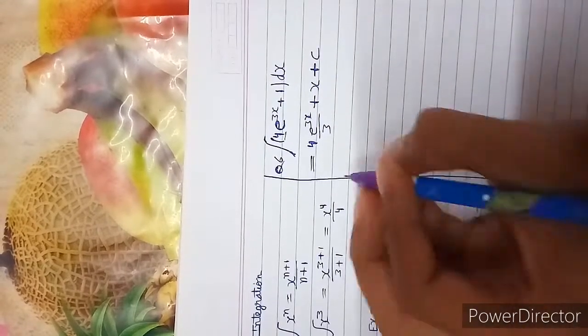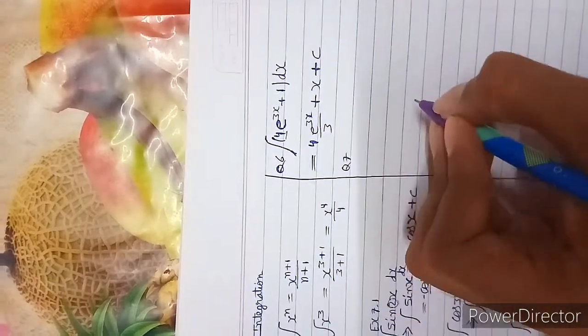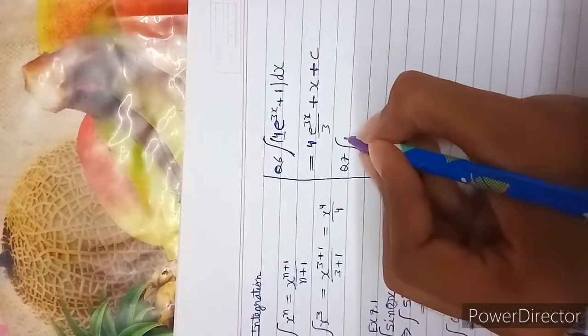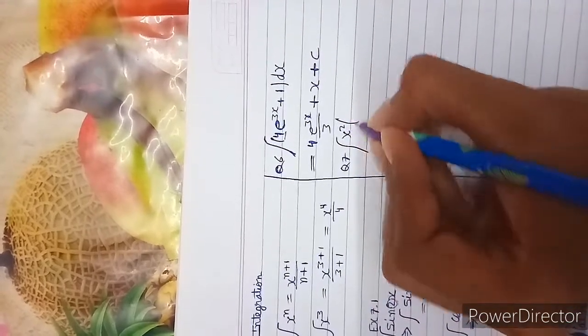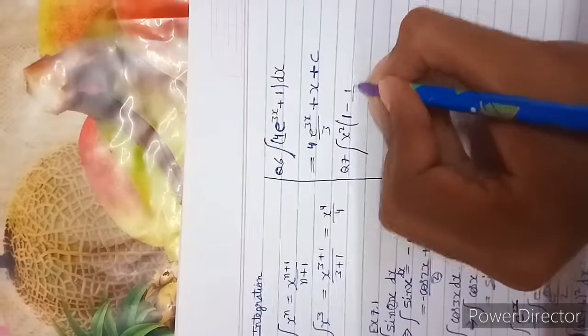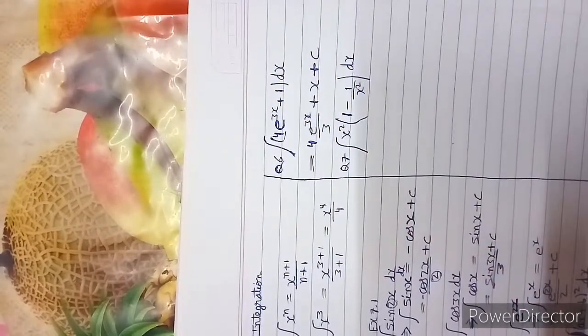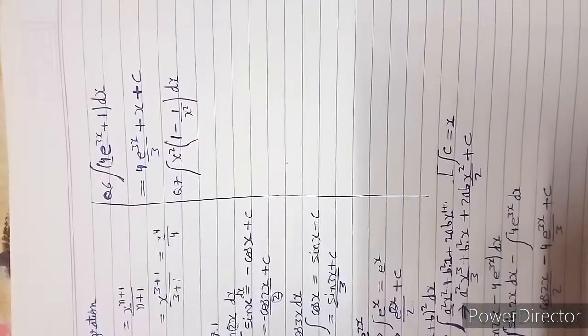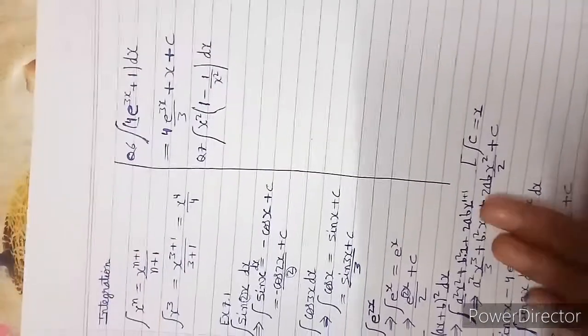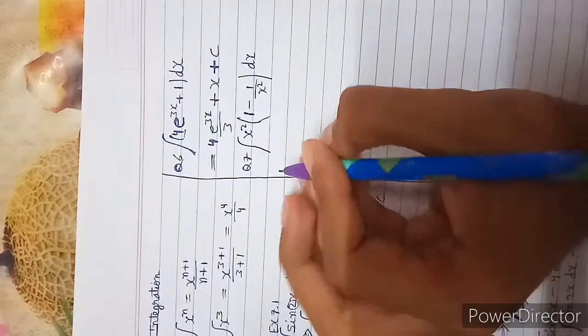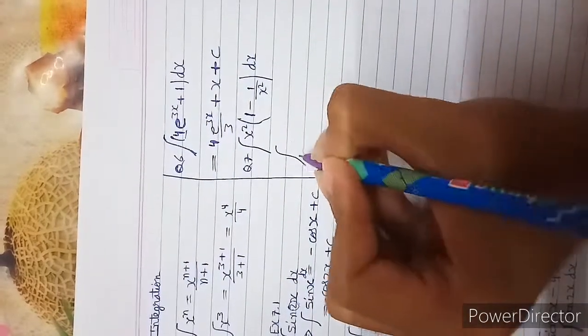Now our question number 7, which is the integration of x square times 1 minus 1 upon x square dx. So in question number 7, what we can do is, first we can simplify it.